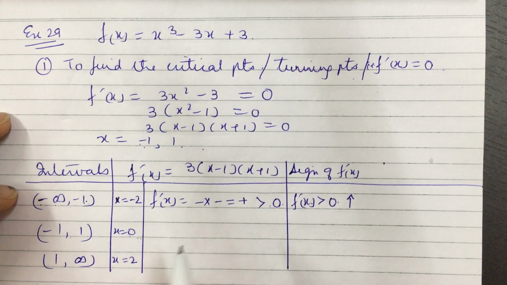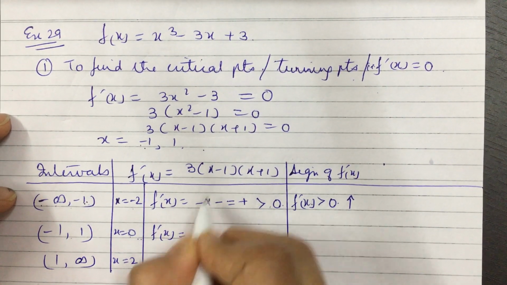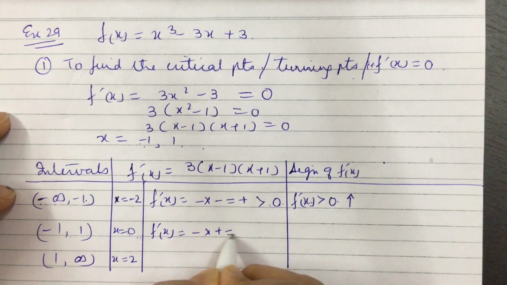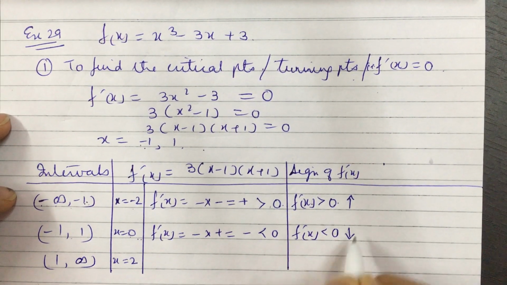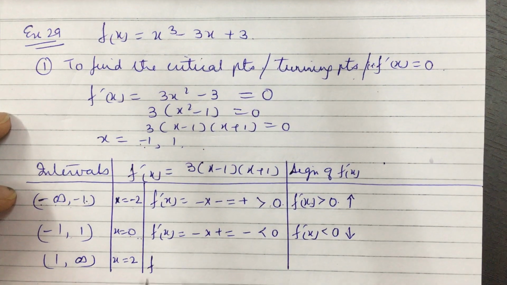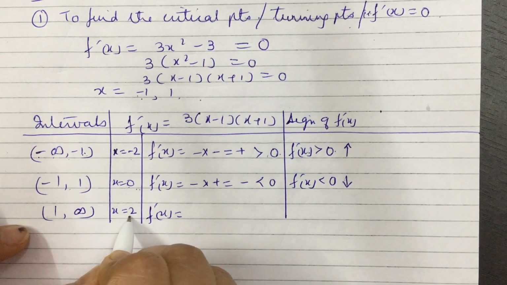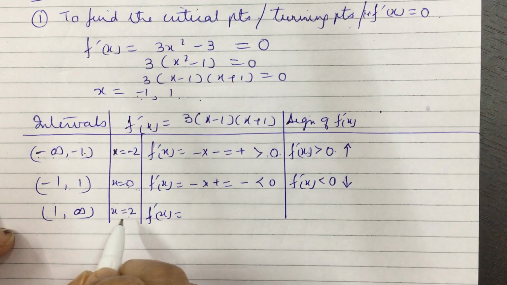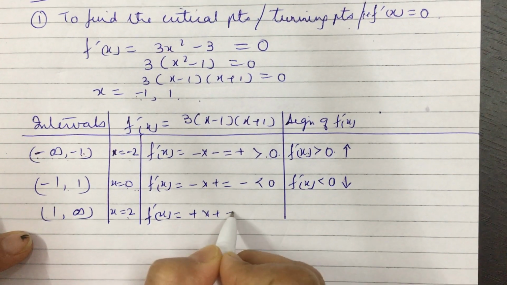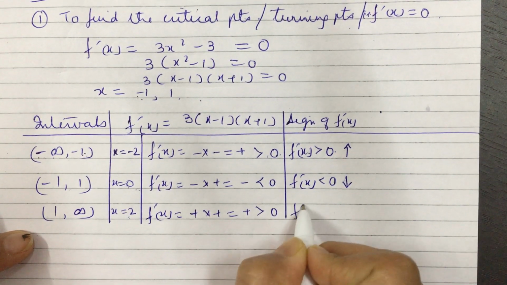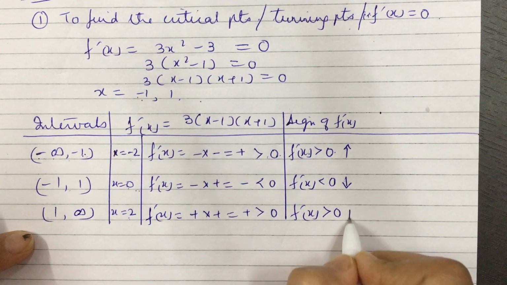Now, when you put 0, it is negative into positive, which is negative, so f dash x is less than 0, which is decreasing. Now here you put x equal to 2. So what do we get? Positive into positive, which is positive.